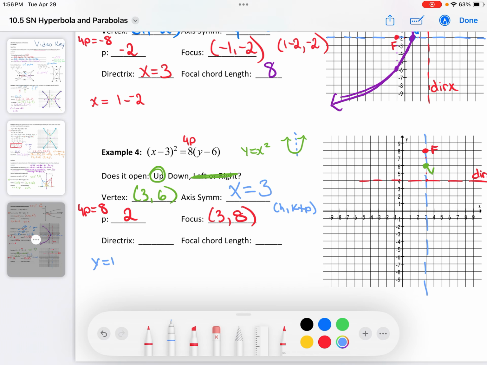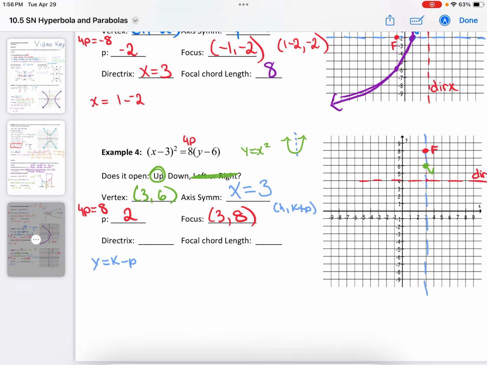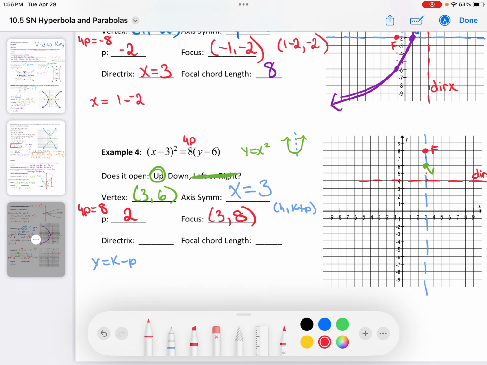That directrix, the formula says it's y equals K minus P. K is the y, which is 6, minus P, which is 2. 6 minus 2 is 4. So that directrix is y equals 4. And if you'll look where we graphed that directrix, it is that horizontal line at 4.